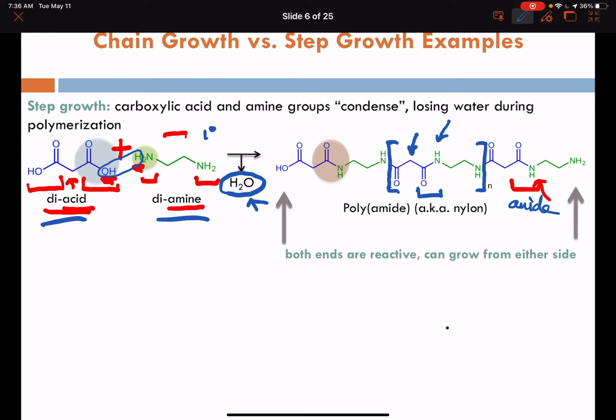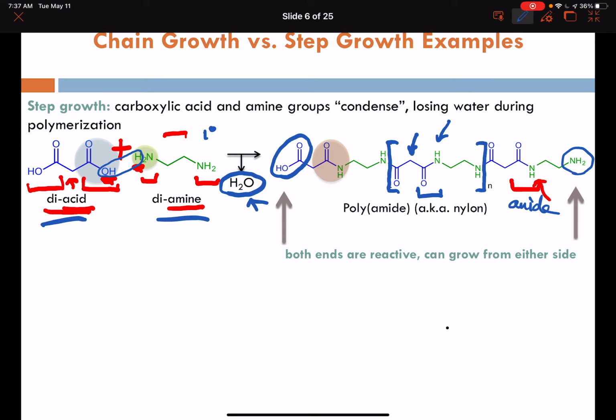Okay, as a consequence, no matter how long this reaction goes, no matter what molecular weight builds, there will always be reactive end groups on the chain. That is, the end groups will remain reactive. We'll see an amine group at the end of the chain. We'll always see a carboxylic acid at the end of the chain. So further reactions will be possible.